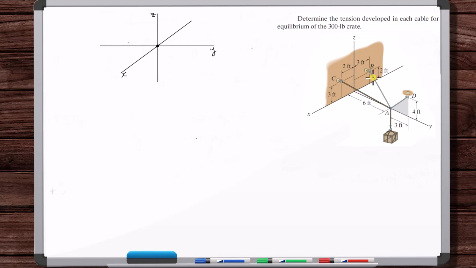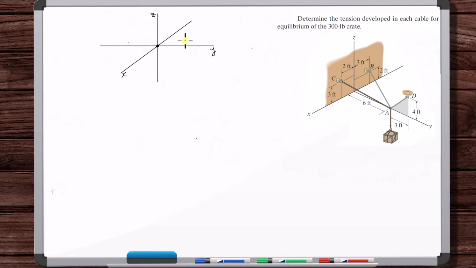But for other types of problems, for non-particle equilibrium, you can't just move the coordinate system like that. You can, but then you'll have to make some other changes to your forces. And we'll talk about that in future videos. But we could leave the coordinate system here and get the same results.